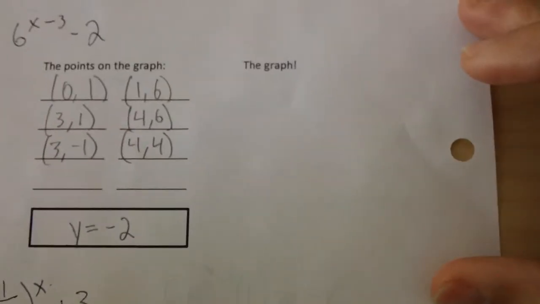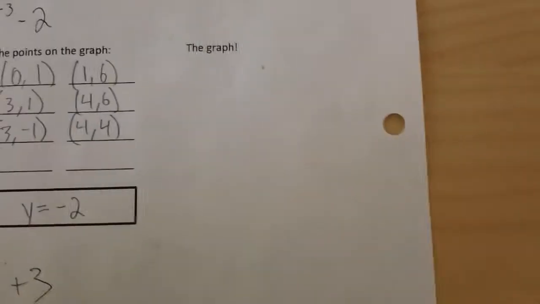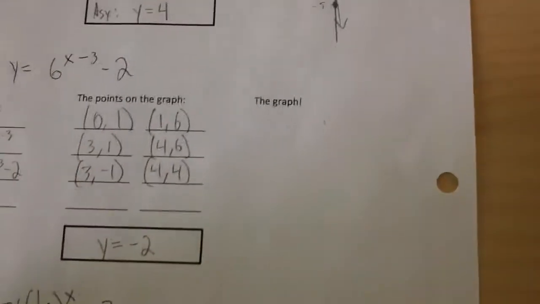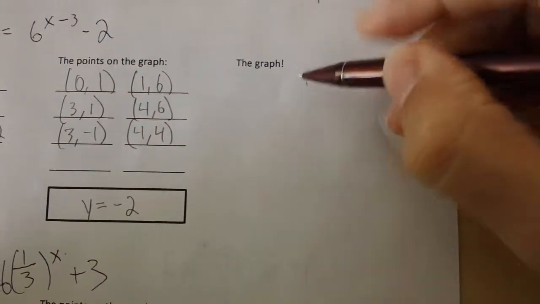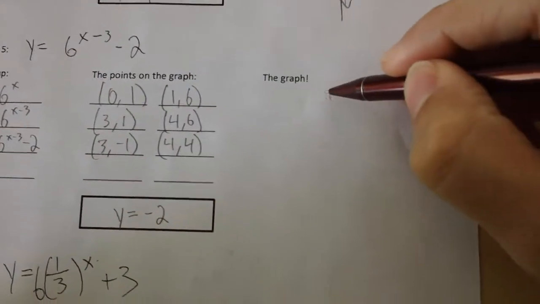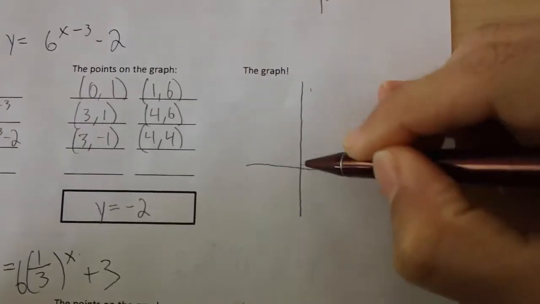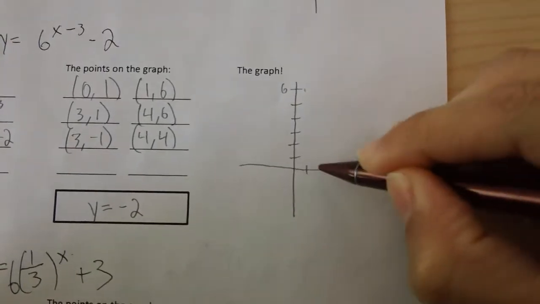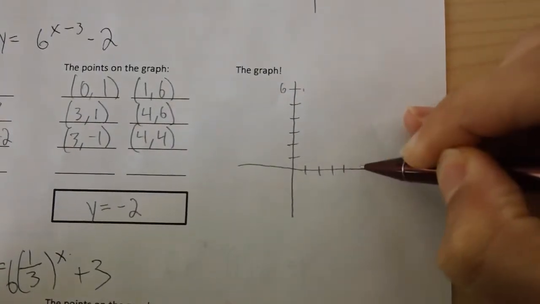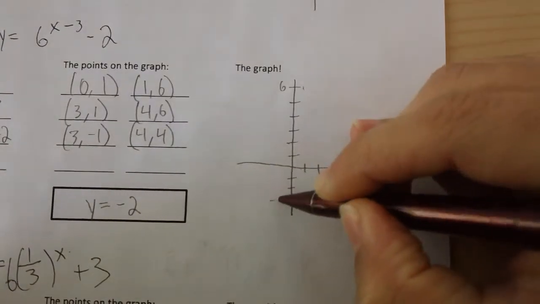If I go to focus on my graph here, those points, I guess we can kind of focus on the first quadrant. First and fourth, maybe? I don't know. Let's see. So 1, 2, 3, 4, 5, 6. 1, 2, 3, 4, 5. 1, 2, 3.